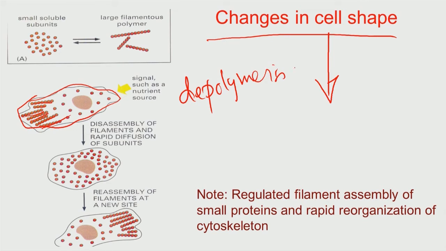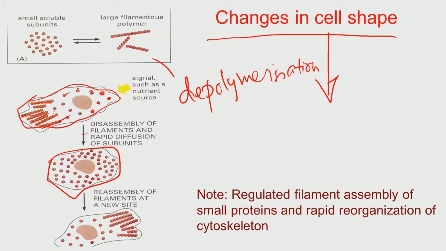Depolymerization means that actin filaments will break down to smaller monomers, and these monomers are distributed throughout the cell without any preferential affinity to accumulate at a specific region of the cytoskeleton.